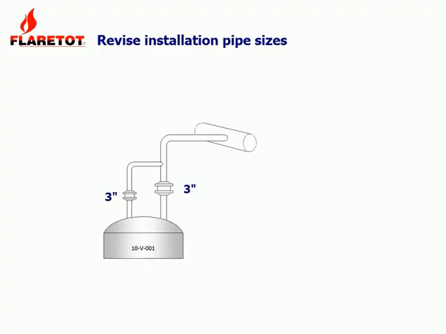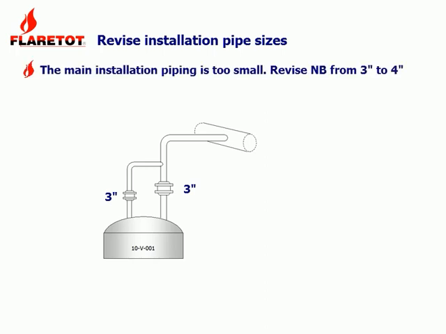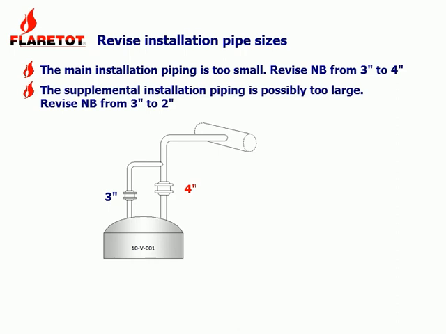We now revise the installation piping nominal bores. We will change the main installation from 3 to 4 inches, since the pressure drop is too high. In addition, we will change the supplemental installation from 3 to 2 inches, to see if this meets the required maximum pressure. This is also the smallest size we are allowed in our project spec.